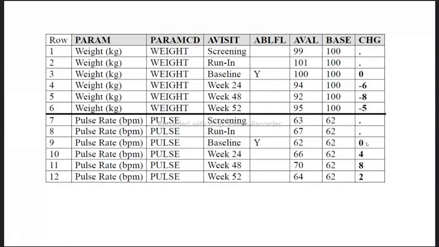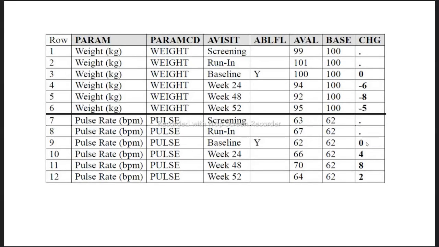Understand this one? Irrespective of the parameter, what are the two parameters that we have? Weight in kilograms is one parameter. Pulse rate in BPM is the second parameter.